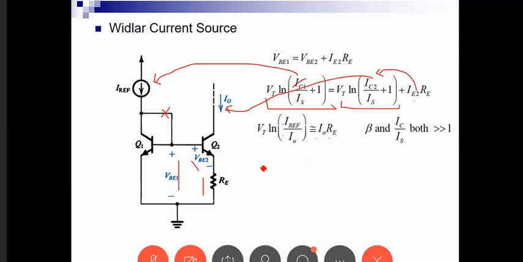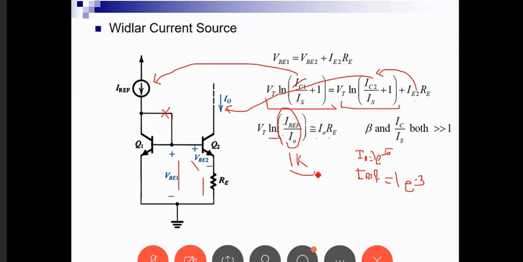The trick is that if I am requesting from you that I want IO to be equal to 1E minus 6 amps, whereas you know that I reference is equal to 1E minus 3, meaning 1 milliamp. This ratio is now what? It is 1000. It is 1K, right?